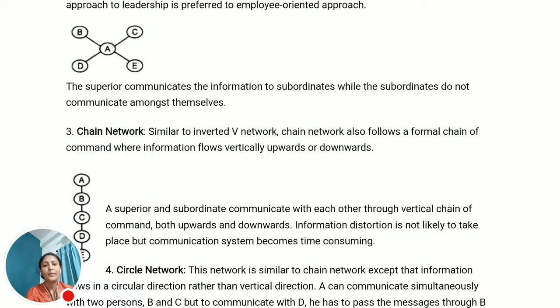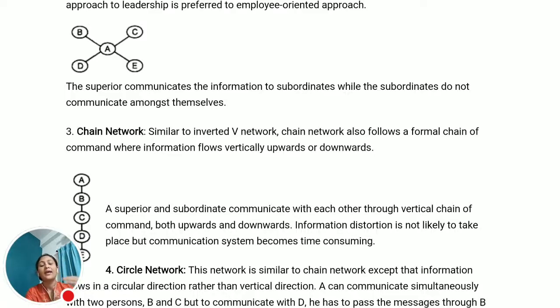Here the people can communicate with the adjacent neighbors, like B can communicate with A and C can communicate with B and D, but when C wants to communicate with A, he has to go through B. So there are chances of distortion of the communication, because you cannot reach the end point yourself.